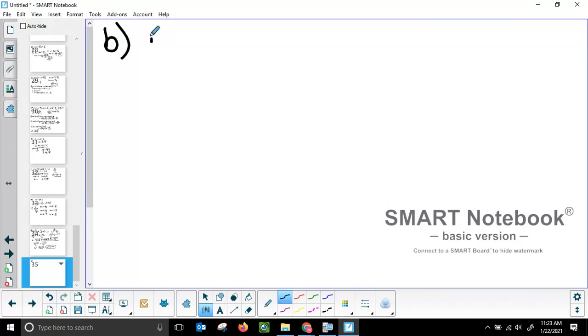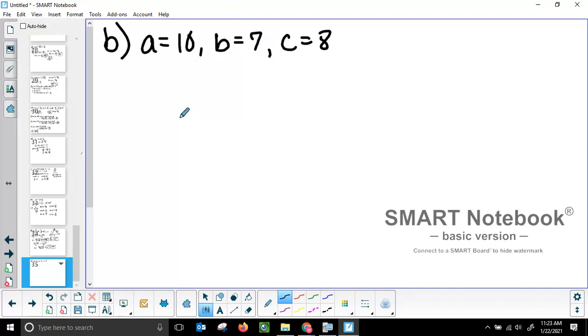All right, and here we have A is equal to 10, B is equal to 7, and C is equal to 8. So here it's obvious that we have all three sides, so we're going to want to use the law of cosines, which again will be on your formula sheet given to you.